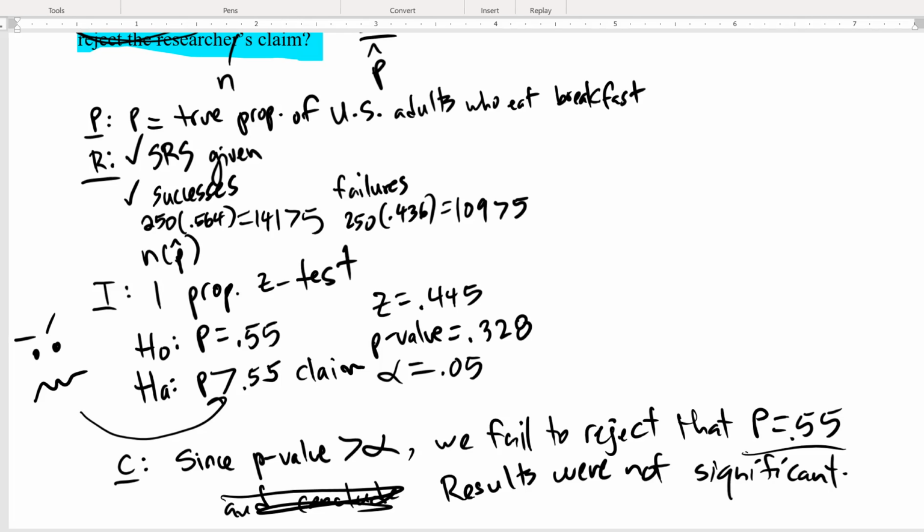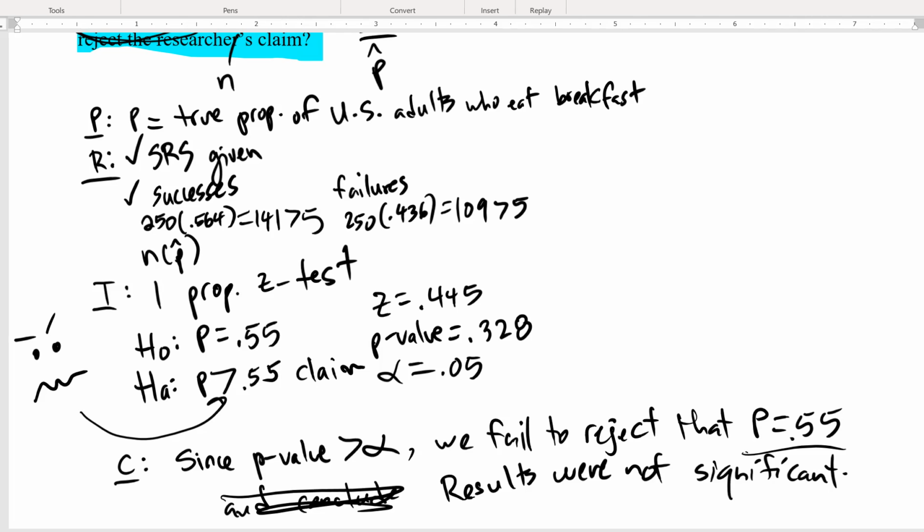So there's a lot of points right there. But you're like, well, what if I messed up on my hypothesis? Well, that's like 1 point out of 5. That's going to change your z-score, your p-value. It's going to change a lot of things, but that's okay. I can keep track of that. If that's the only mistake you make, you still can get 4 points out of 5. Don't mess up on the requirements, then run the wrong test, then state the wrong conclusion, then you're throwing away all your points.